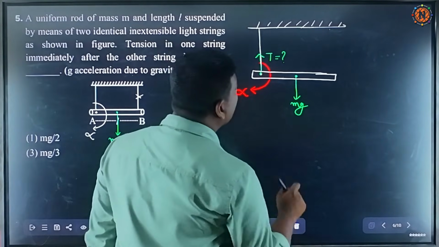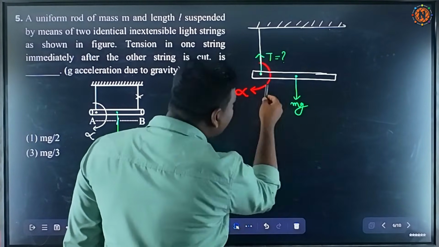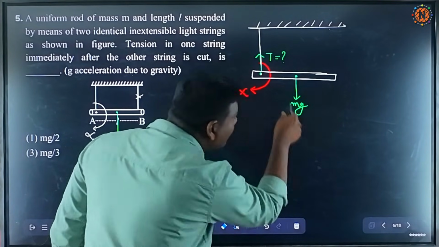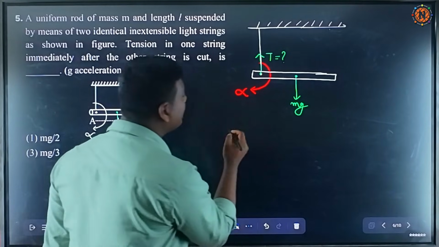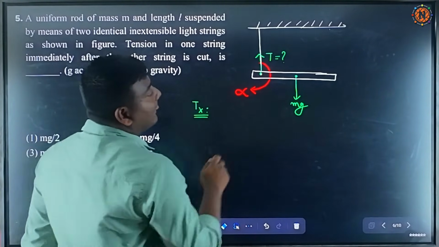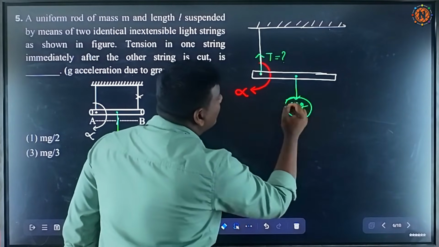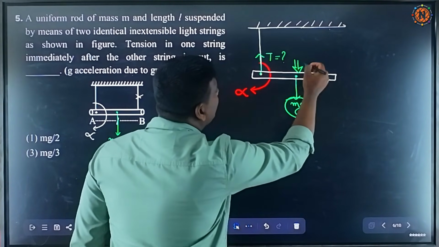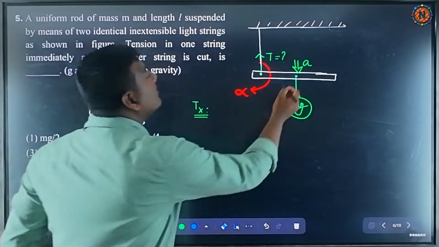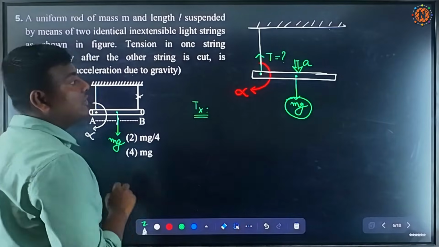We can see that this rod will rotate, so the center of mass will also come downward. If you see the translational equation, the center of mass will come downward, so it will obviously have some acceleration. Let us assume the acceleration will be a.